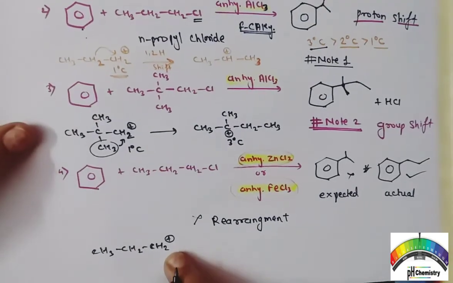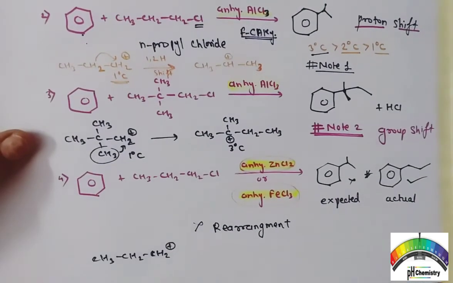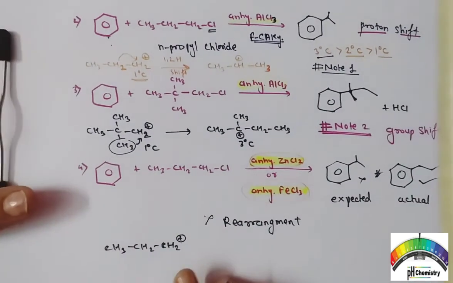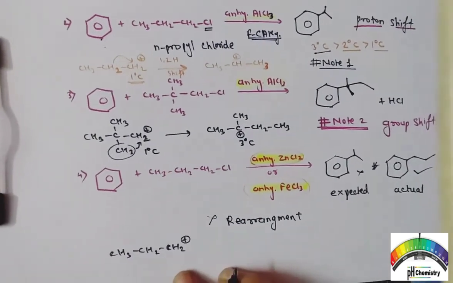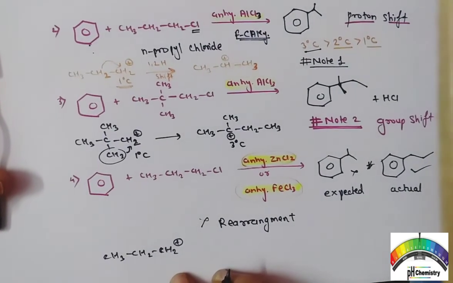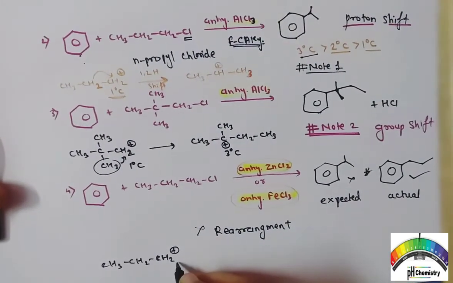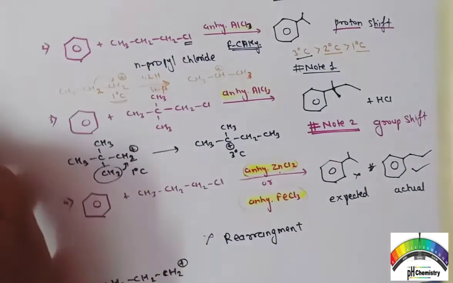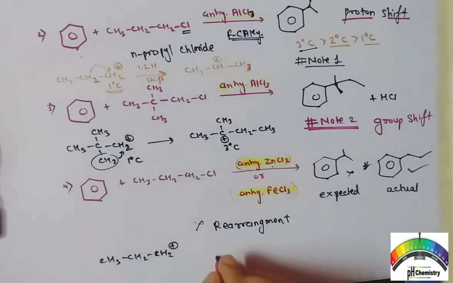So primary carbocation directly attacks this benzene ring. It will not rearrange. It will not shift any atom or group to rearrange to form a more stable carbocation. So this is with only ZnCl2 and FeCl3.